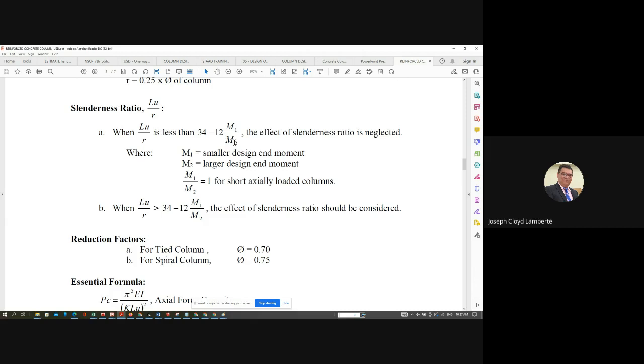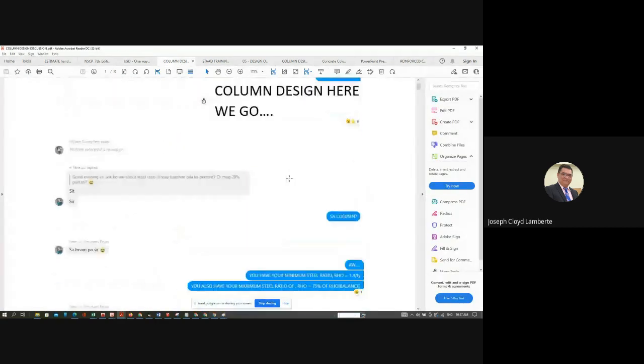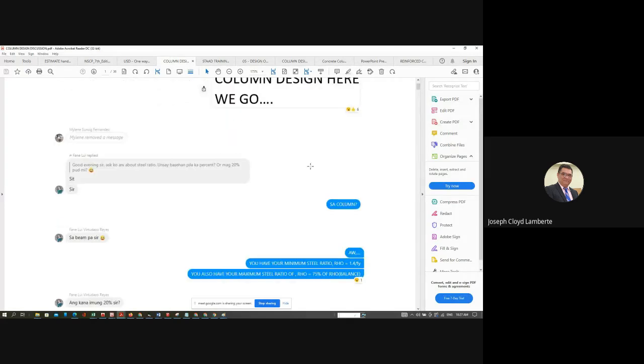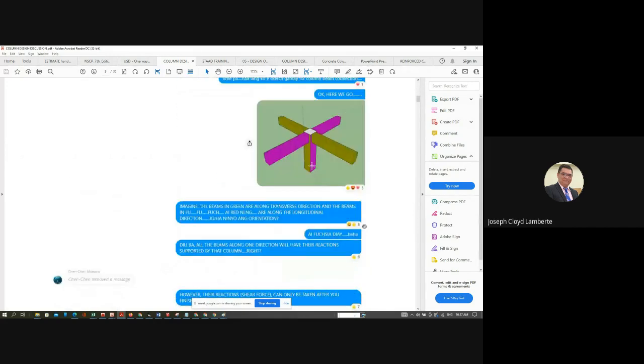This was my discussion before when the pandemic first started, no? Through messenger. So when you design your column later on, dito sa atong next na subject, ingani na imong column, no?